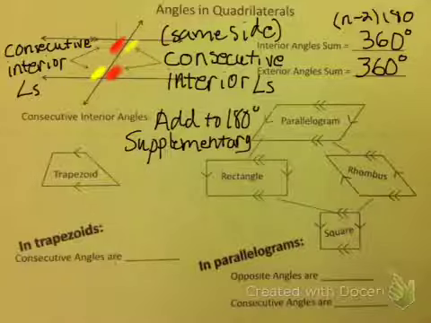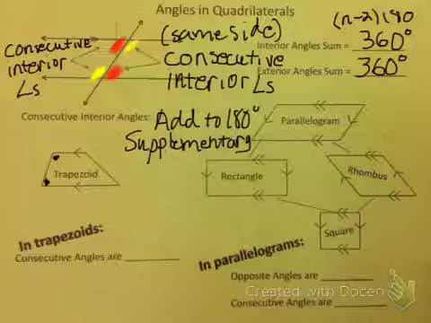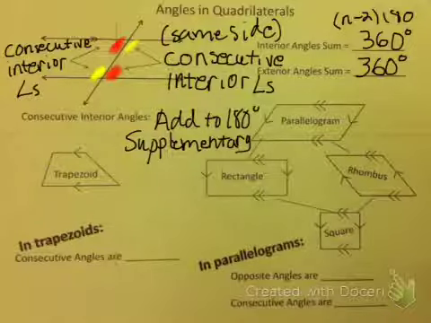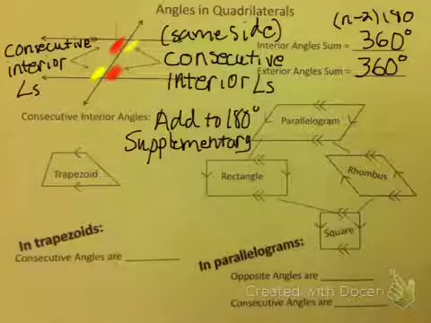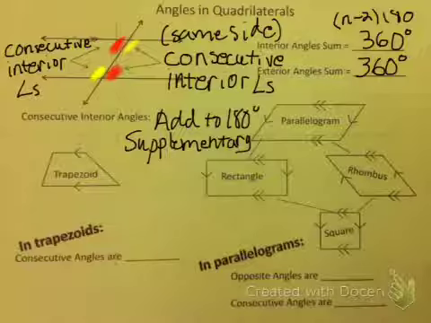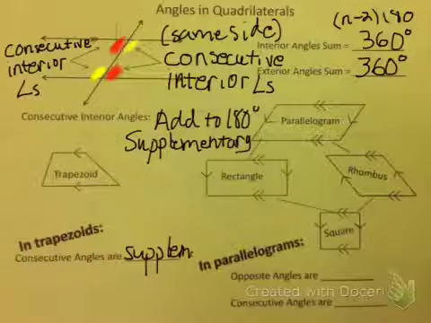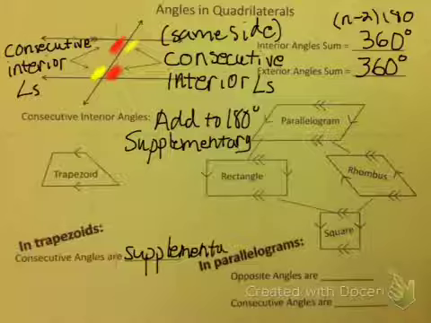So that means that this angle and this angle are going to be consecutive interior, and this angle and this angle are going to be consecutive interior. So the consecutive angles in trapezoids are supplementary. So they add to 180, if you want to jot that down.